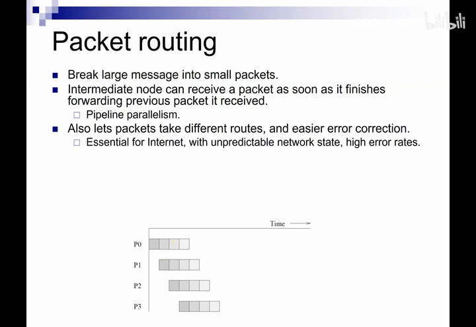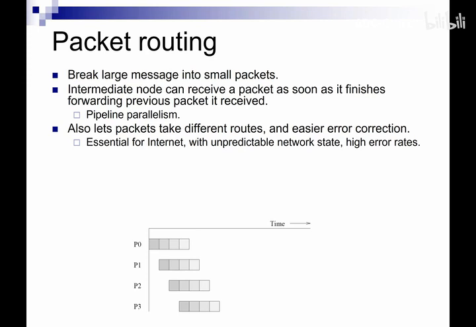This is going to make the sending much faster than with store and forward. So that's one advantage of packet routing. Another advantage is that we can let different packets take different routes. This is good because sometimes a route might get congested, and then we can let other packets take less congested routes.